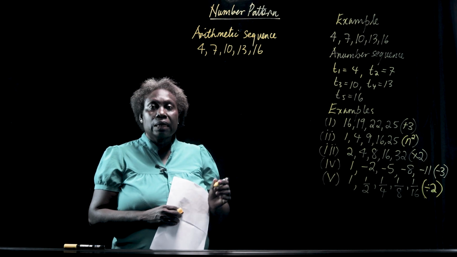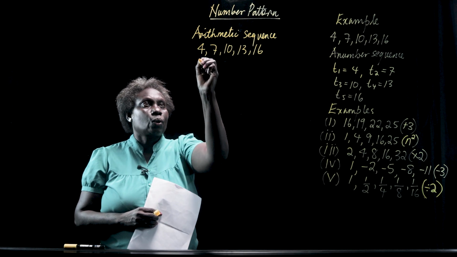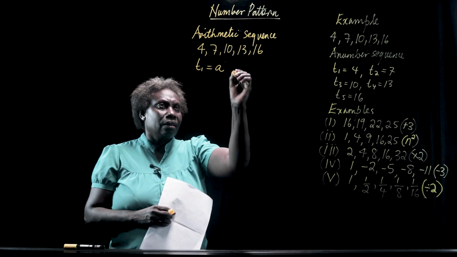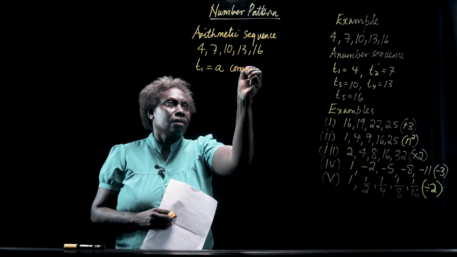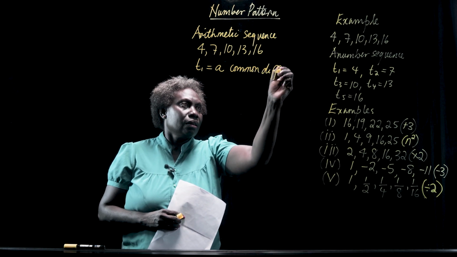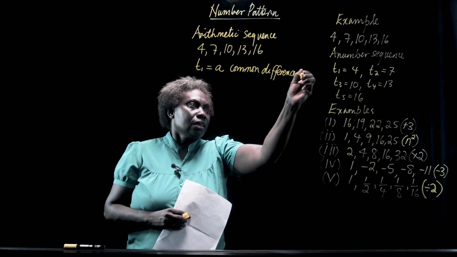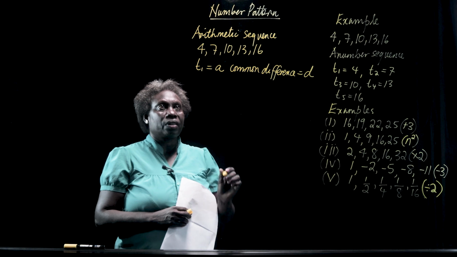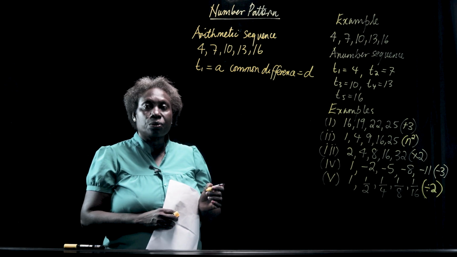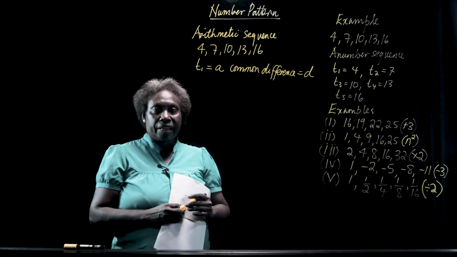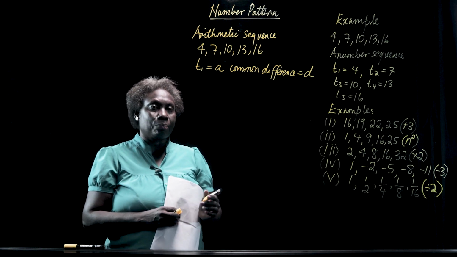We call term 1 A, so term 1 is equal to A. And the common difference is equal to D. We are going to come up with a formula, or a general rule, that we use to find the nth term in a number sequence.